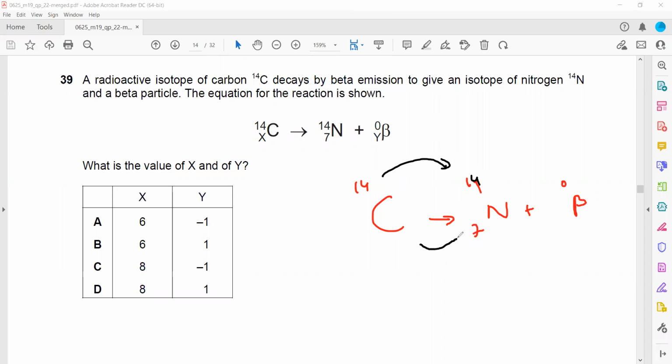But the atomic number increases by 1. So here no change, here it increases by 1. If this is 7 here, what should the number be? This should be 6. So X should be 6. And what about this number here, the charge on the beta? That is -1. So Y is -1 and X is 6. So it matches with option A.